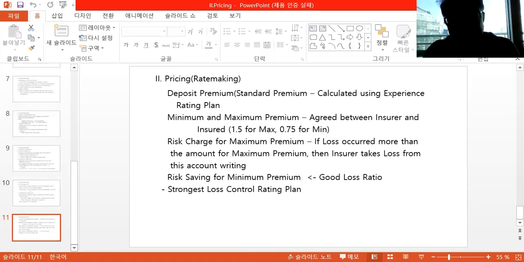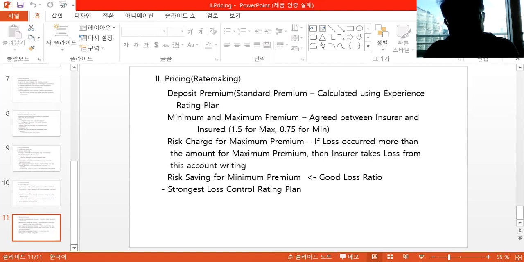And then there's going to be a risk charge for the maximum premium. If losses occurred are more than the amount for the maximum premium, then the insurer has to take the loss from this account writing. This is only a possibility, so you charge for that. This is going to be the risk charge. And also there's a concept of risk saving.